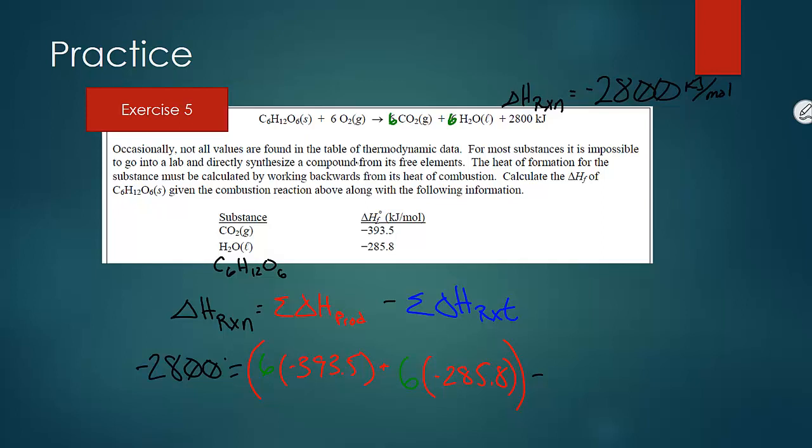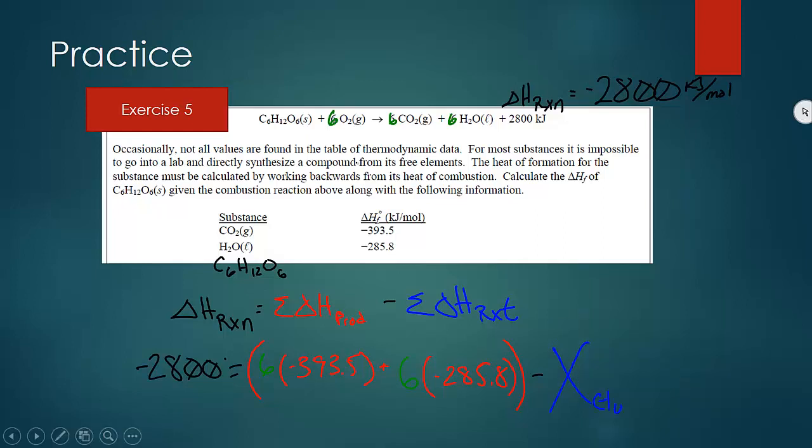And our reactants are what we're missing. We're missing the glucose plus the 6 oxygens. But oxygen is 0. So really, all we're missing here is a value for that glucose. So we can determine what glucose is by simple algebra.